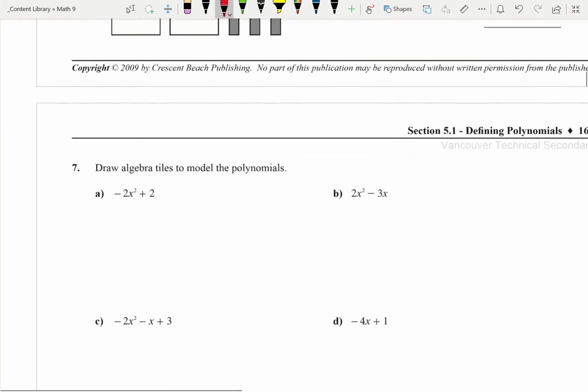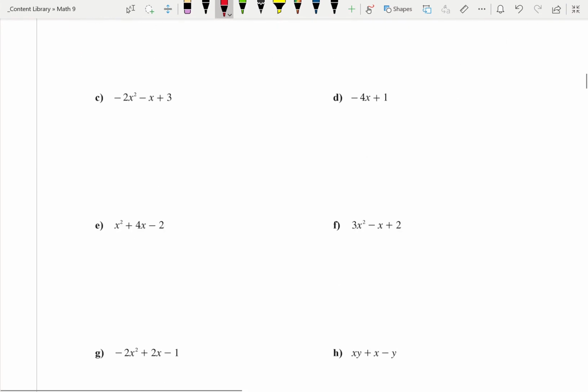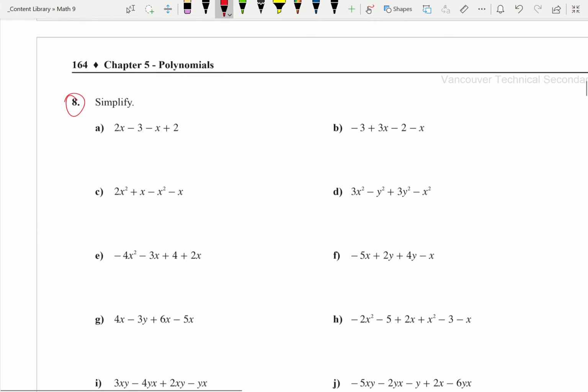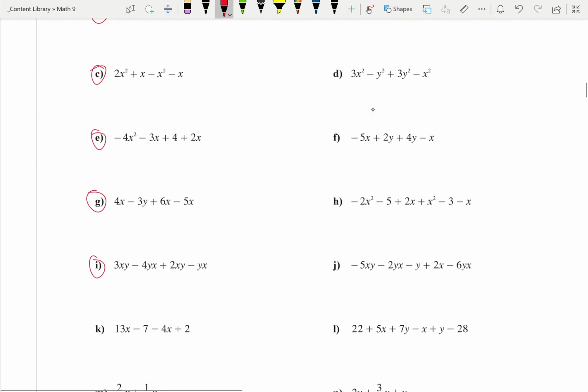We have no time for algebra tiles. 7 is also algebra tiles, so just skip them. 8 is our simplify, so this is what we call collecting like terms. That's the key part here. You also want to make sure they're in the proper order.